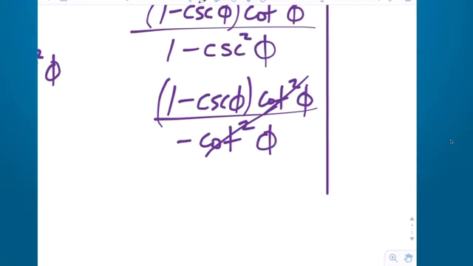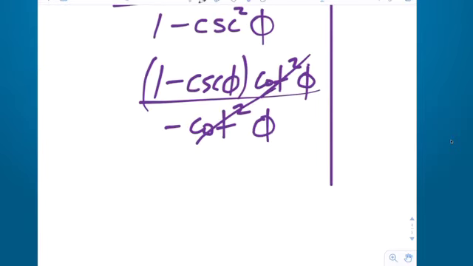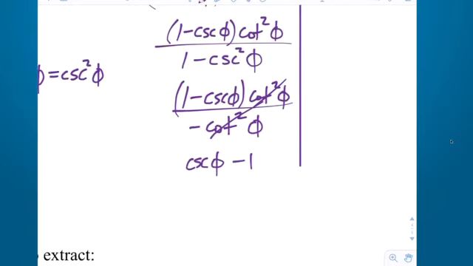Now, dividing by a negative 1 is the same as doing what with a negative 1? Multiplying. So on the next line, I'm going to distribute the negative 1 into both terms. So it's going to be a negative 1 and a positive cosecant. So I'm going to write that as positive cosecant, flip them around, and a minus 1. That negative can cause you a lot of grief if you treat it casually or you forget about it.